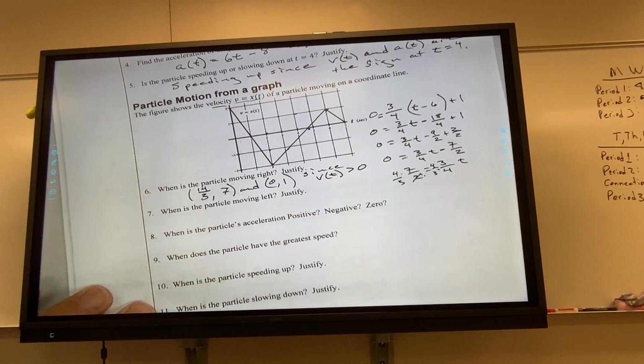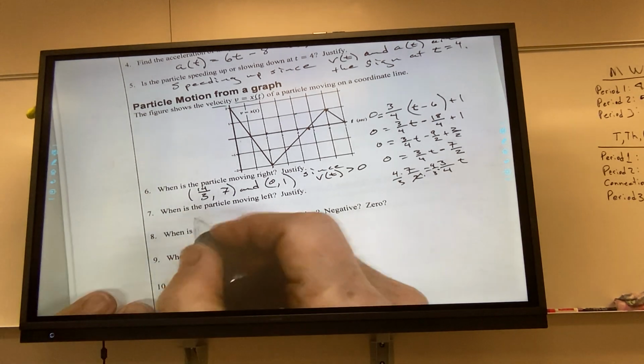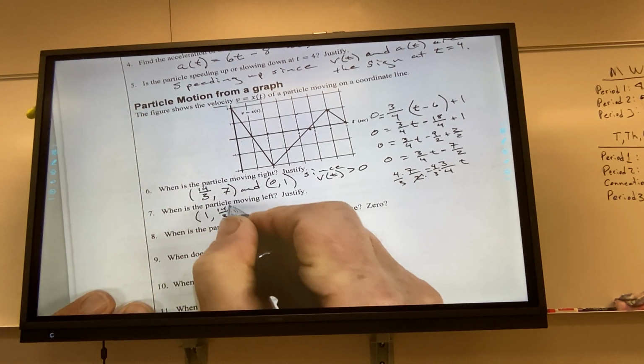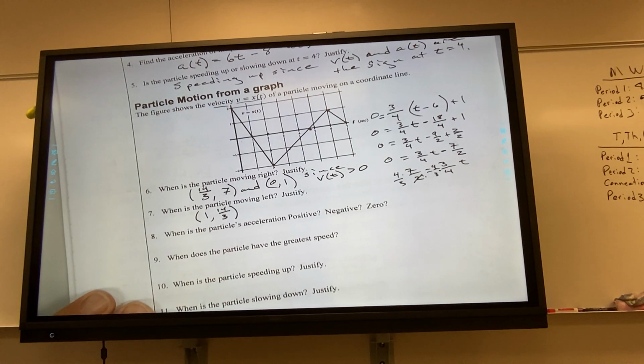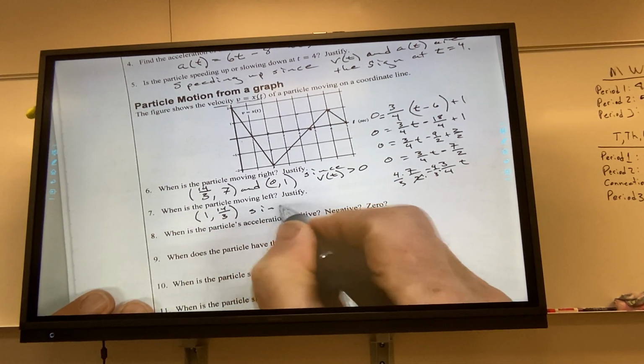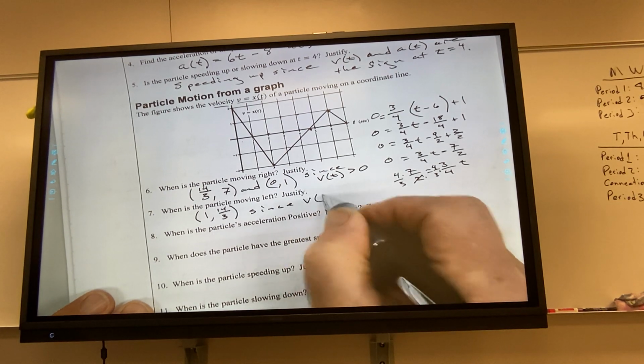Tell me where it's moving left. So 1 to 14/3. You sound a little tentative, but that's perfect. Good. Why? Since the velocity is negative.